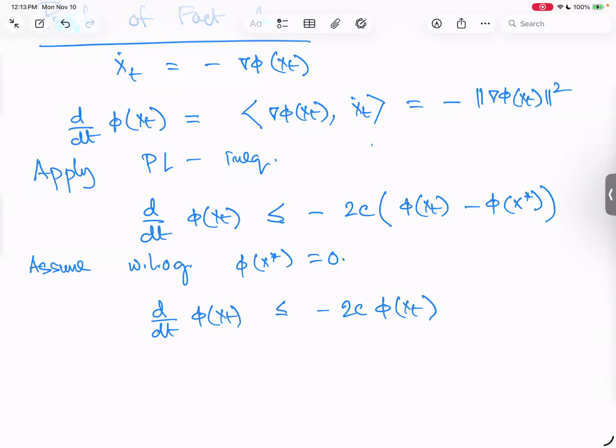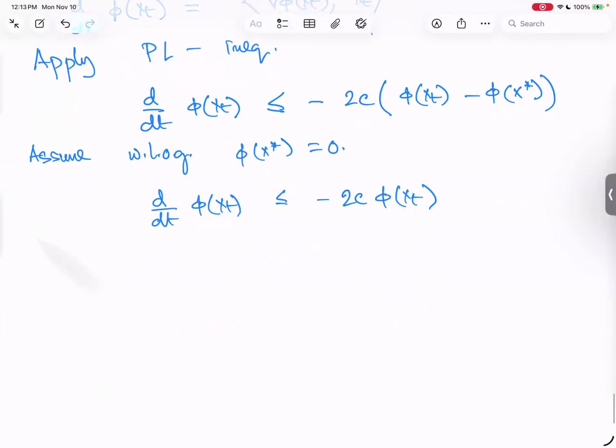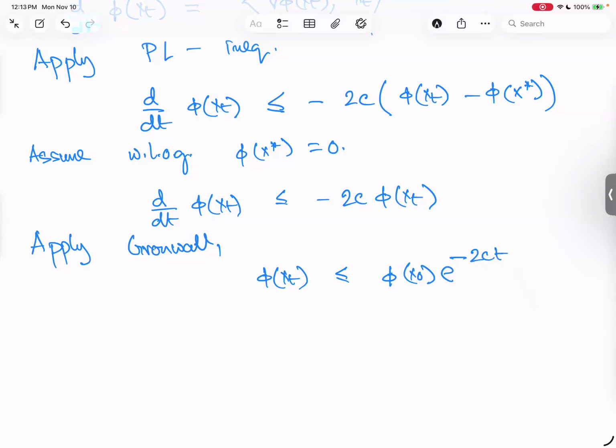So obviously, what I will do here is apply Grönwall's inequality, to see that phi of xt must be less than or equal to phi of x0 times e to the power minus twice ct. And this gives me exponential convergence to 0 at rate twice c.